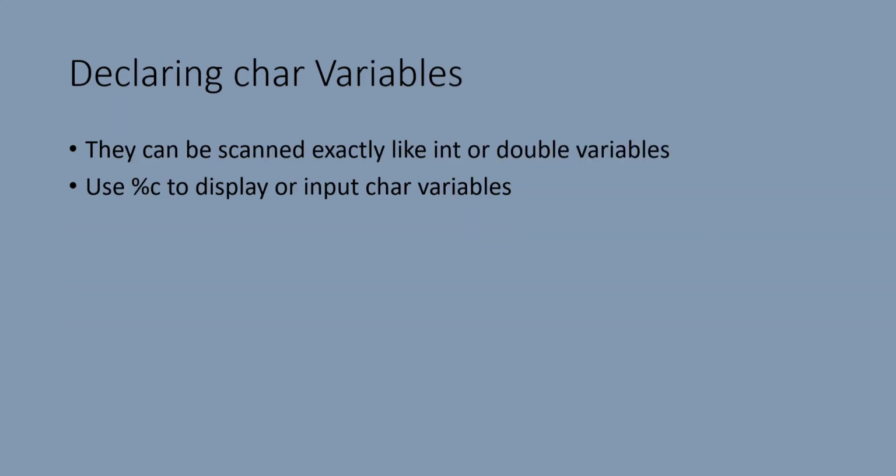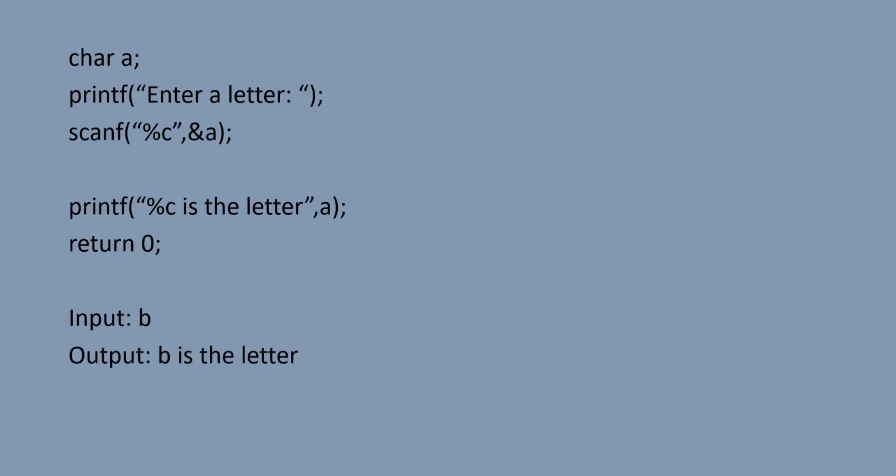Declaring char variables: they can be scanned in exactly like int and double variables, and they can be declared the same way as ints or doubles, but instead with char. So here's an example. I'm declaring a variable of type char, and I'm naming it a.